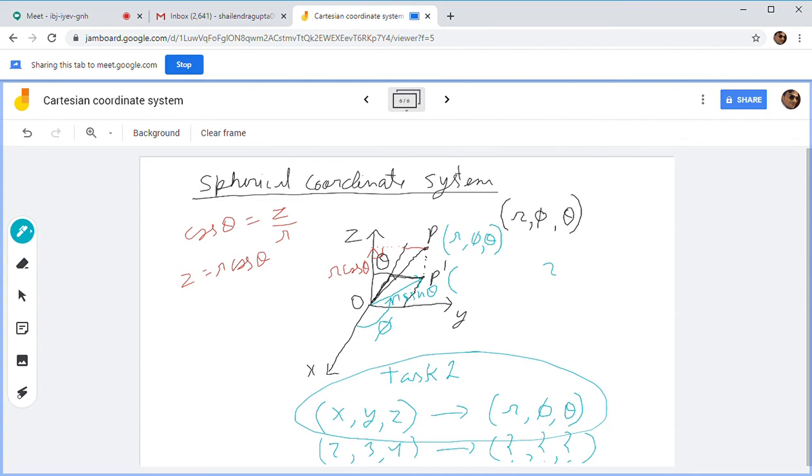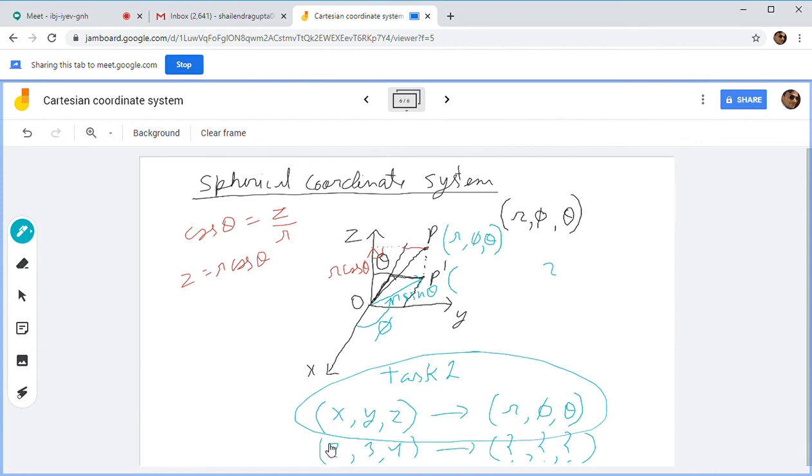If you are able to do these two things, then you are very much capable of doing electrical engineering itself. So try to do these two things.